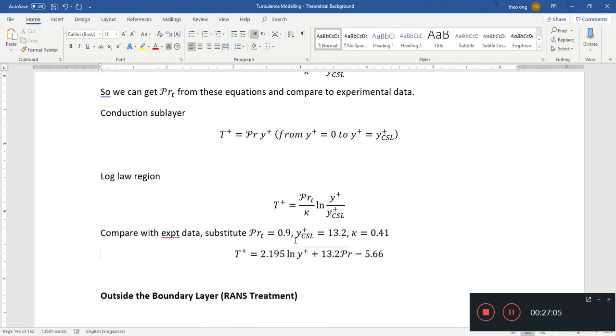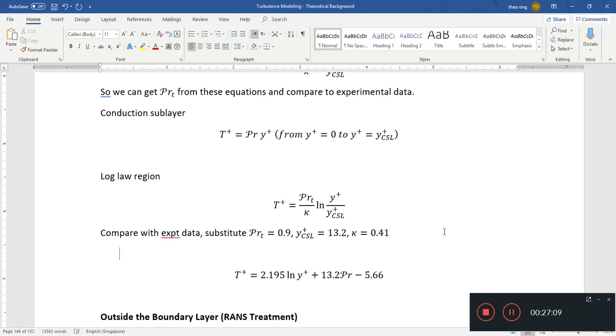That will give you this equation here, which results in the equation for Prandtl number equals 0.525.